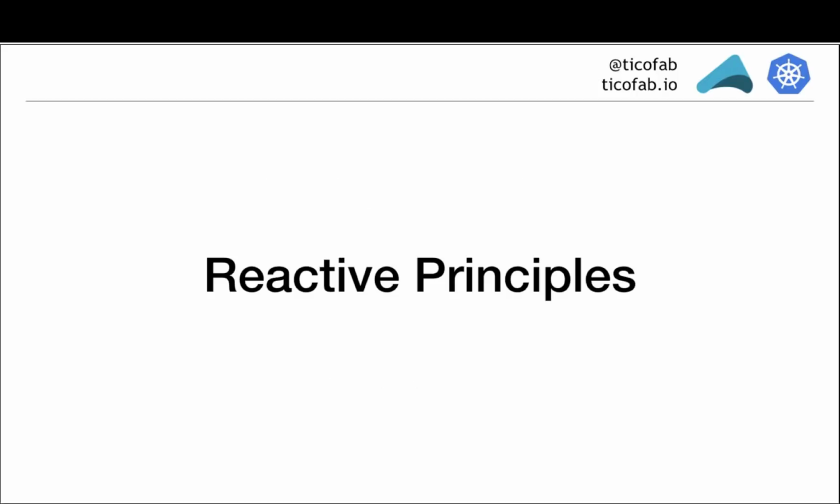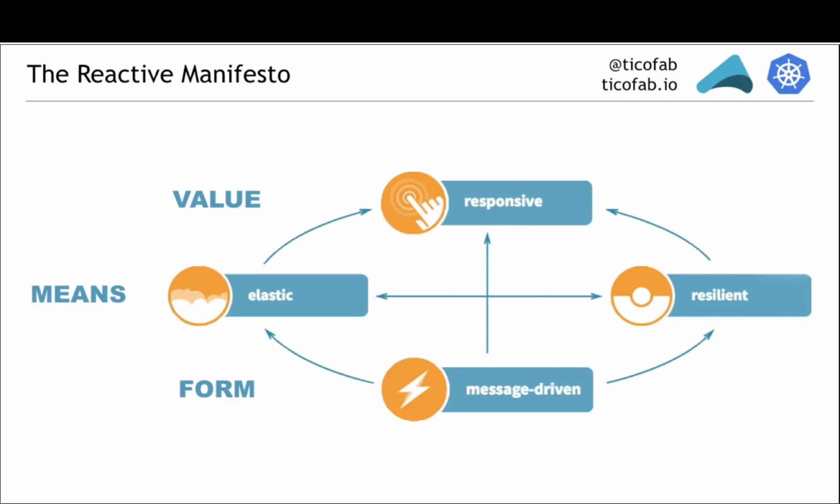So, reactive principles. I assume most of you have seen this already. The Reactive Manifesto is a description of high-level principles, really, created in 2013 by Jonas Bonner and a few others. Basically, what they did is they looked at the architectures that support massive systems such as Facebook or Twitter and summarized their essential traits.